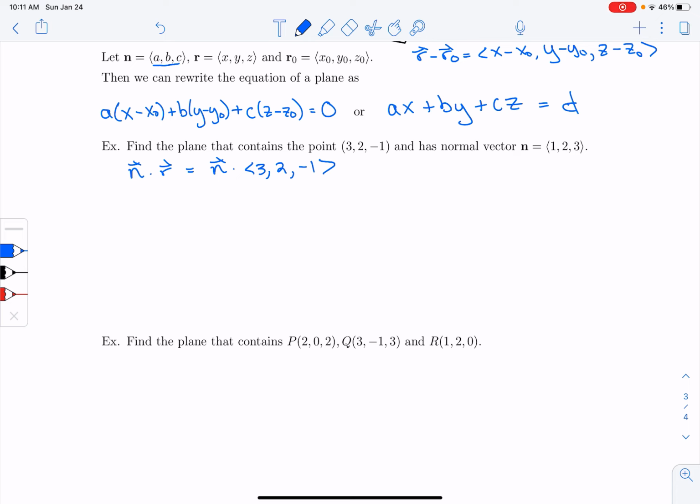So taking one more step, that's going to be n dot xyz has to equal n dot 3, 2, negative 1. So n in this case is 1, 2, 3. So let me put that in.